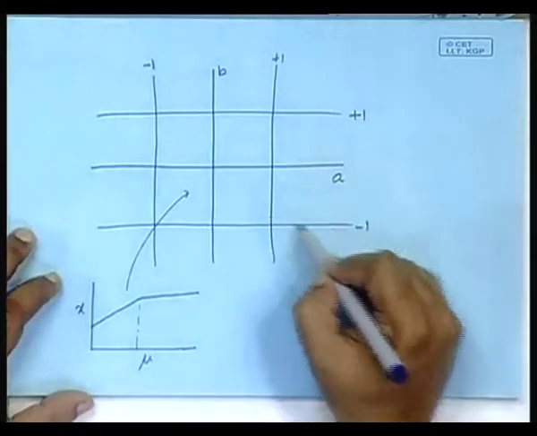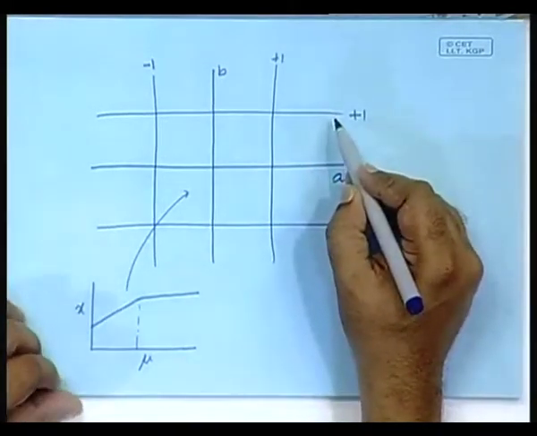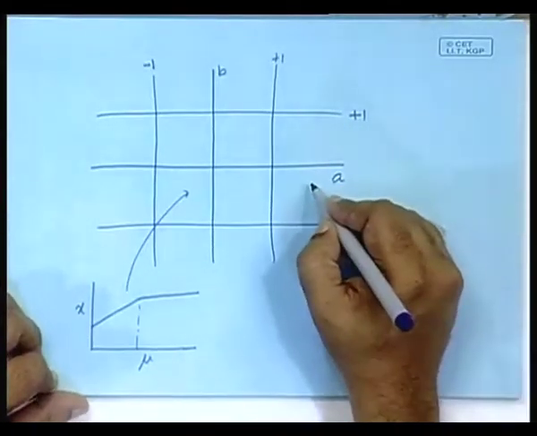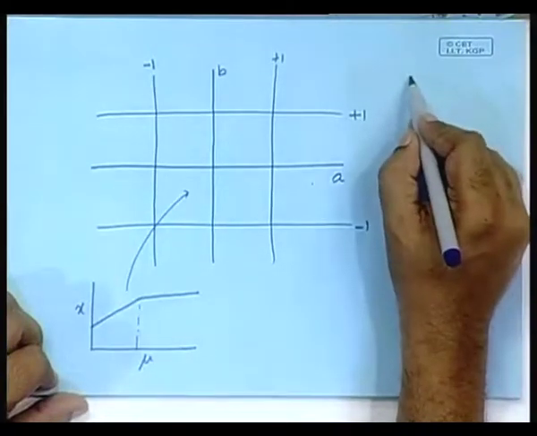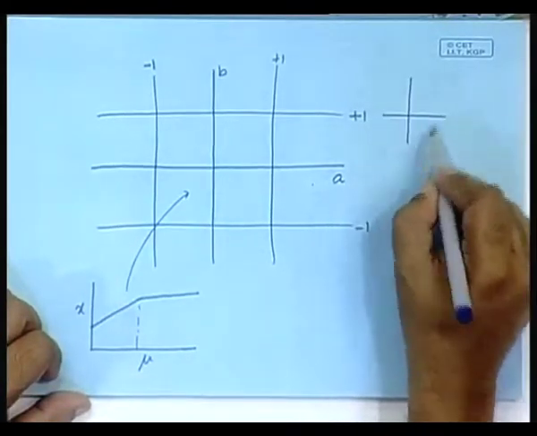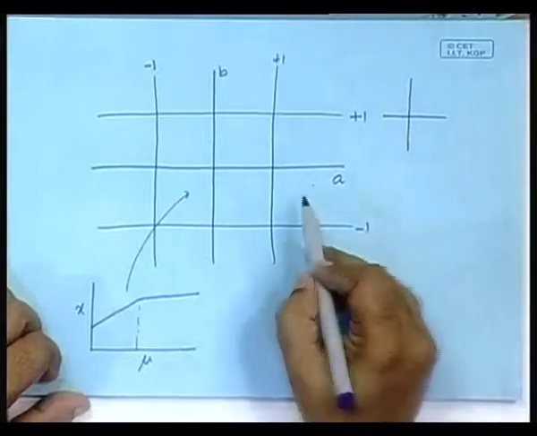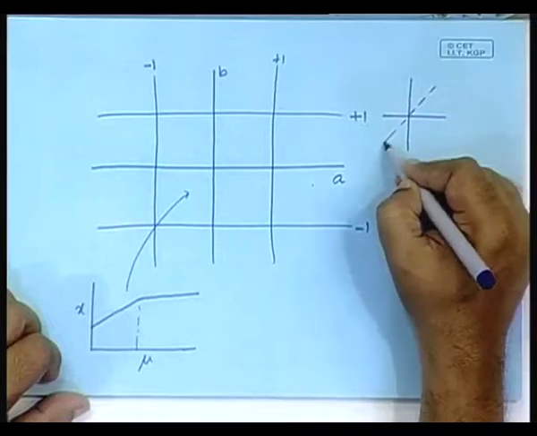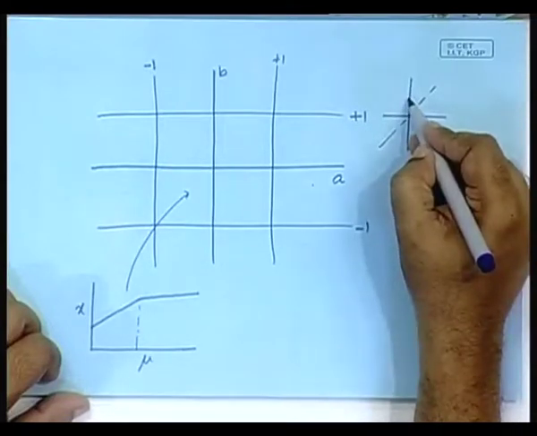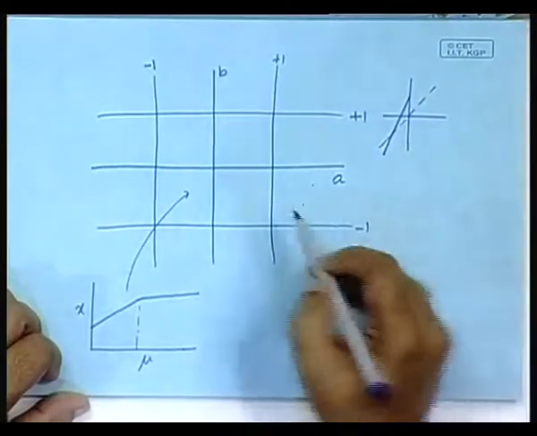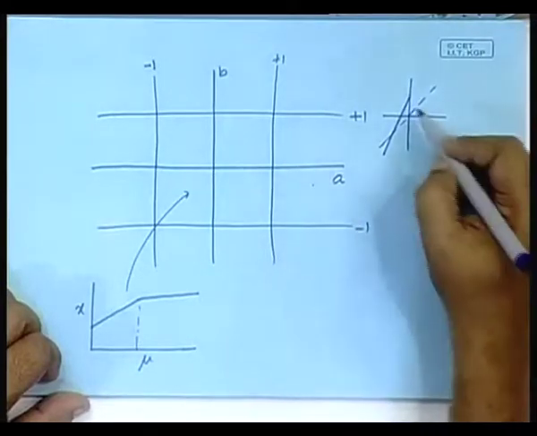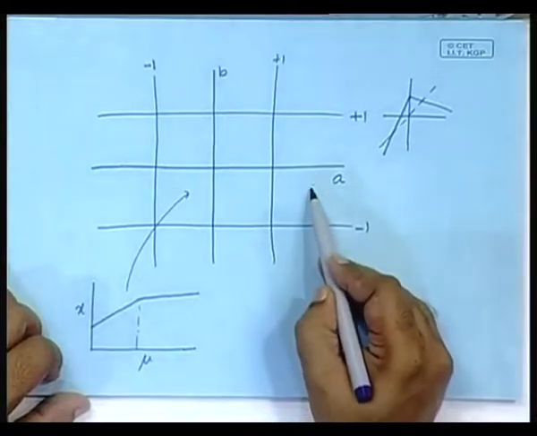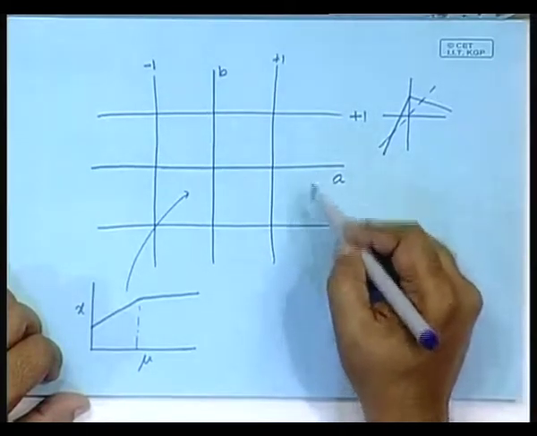What will be the behavior in this part? As we had concluded, the graph of the map would look something like this. For example, if you have somewhere here, how would the graph of the map look? A value greater than plus 1, so it will be something like this, and b value negative, but greater than minus 1.